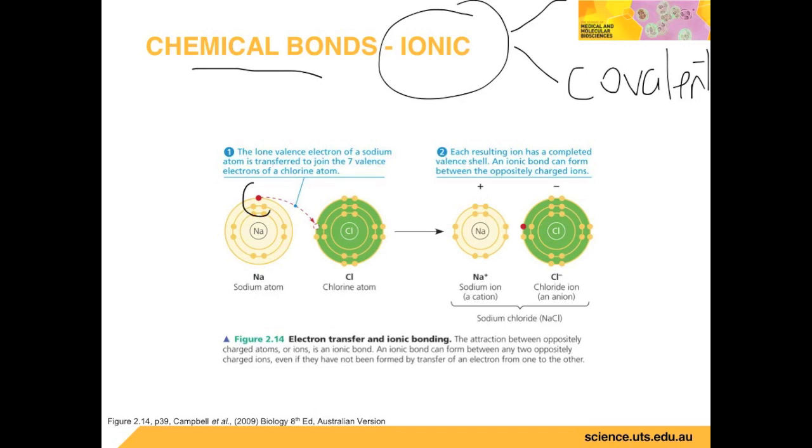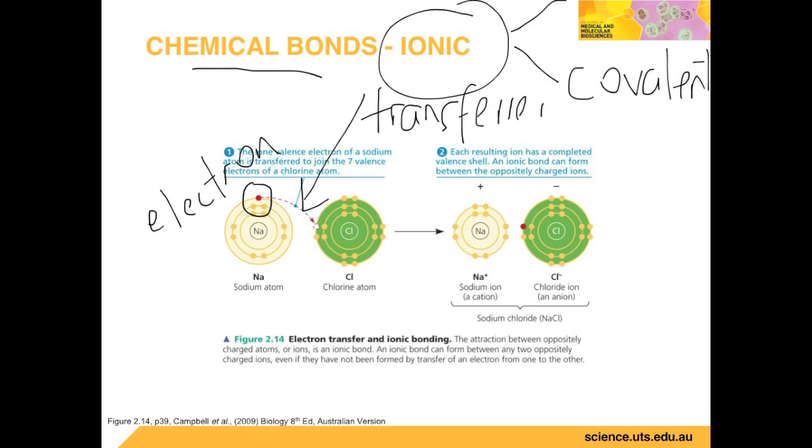So we're looking at an electron in the outer orbit of an element, and it is going to be transferred to the outer orbit of another element. When this happens, one of the elements becomes positive and the other element becomes negative.